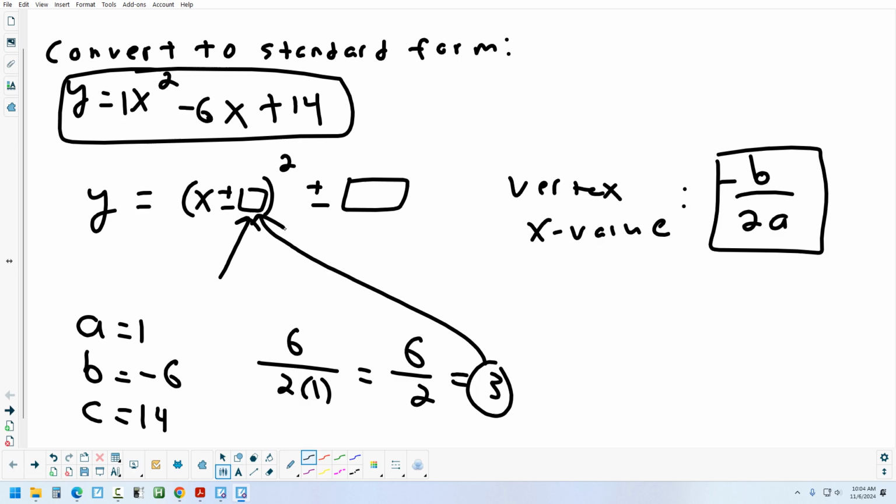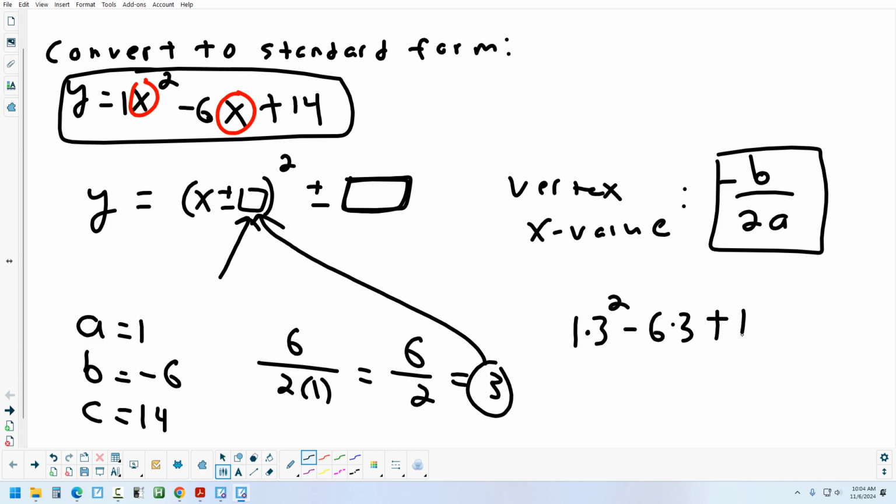Now, to figure out what's going to go in the last box, take the number that we just got, 3, and we're going to fill it in for x here and here. Okay. So now let's do that. So we're going to have 3 to the second. You can put the times 1, but that's not going to change anything. Minus 6. Again, filling in 3 for x.